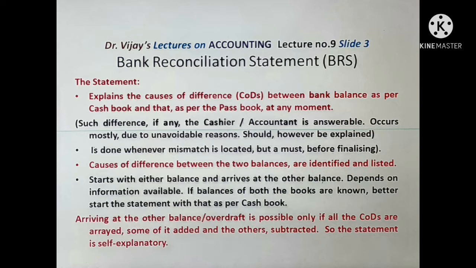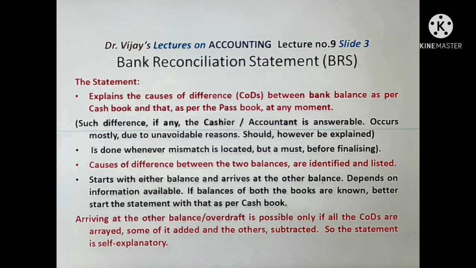The statement is done whenever a mismatch is located, but it is a must at the time of finalizing. Causes of difference between the two balances should be identified and listed before starting to prepare the statement. The statement starts with either balance and arrives at the other balance. If the statement starts with bank balance or overdraft as per cash book, it will end with bank balance or overdraft as per passbook.